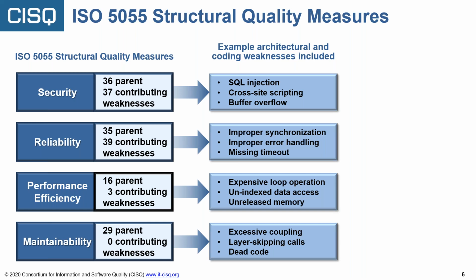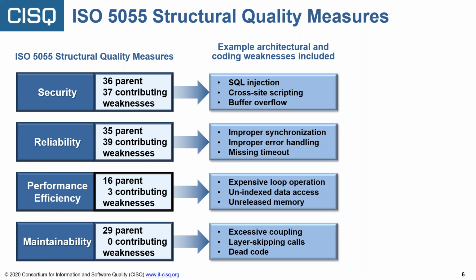But you can see then, count those up, that there's well over 100 different weaknesses that are incorporated into these. Some weaknesses, for instance, buffer overflows, would be in more than one of our quality characteristics. So a buffer overflow appears not only in security, but also in reliability, because it can cause reliability problems as well.